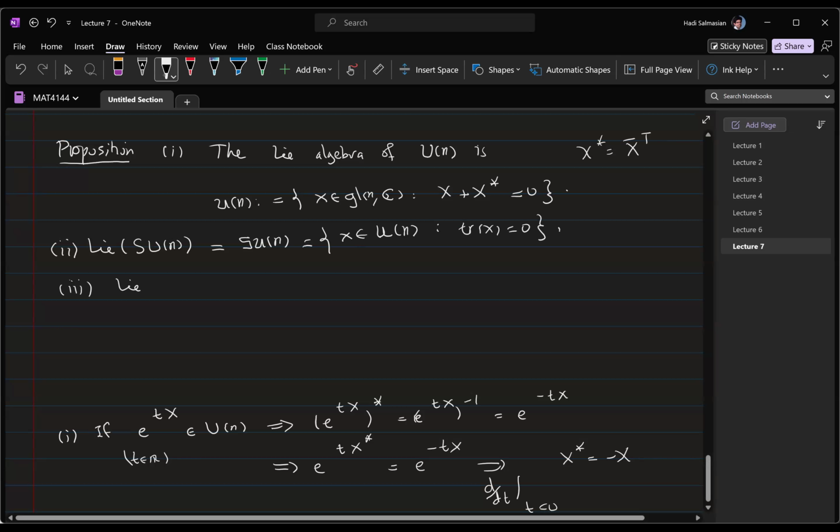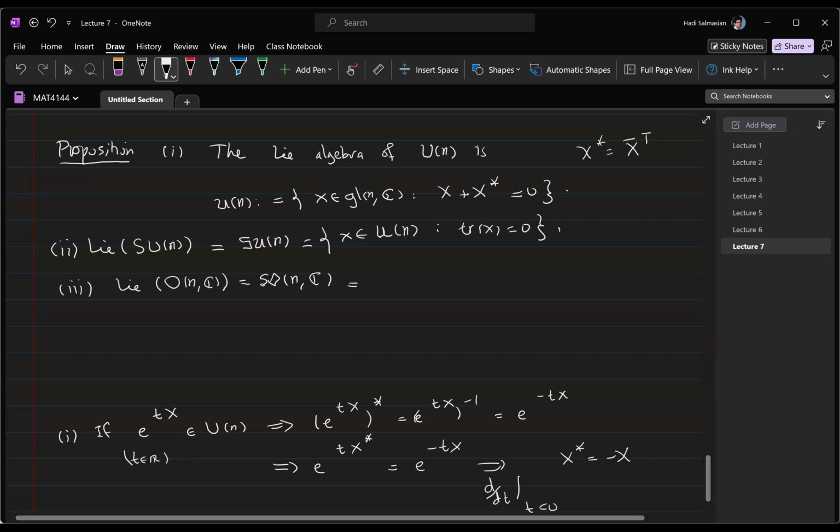And similarly, the Lie algebra of ONC is this Lie algebra. I write ONC, or sometimes people like to write SONC, because SON and ON are just different by plus or minus one. They have the same connected component of identity.